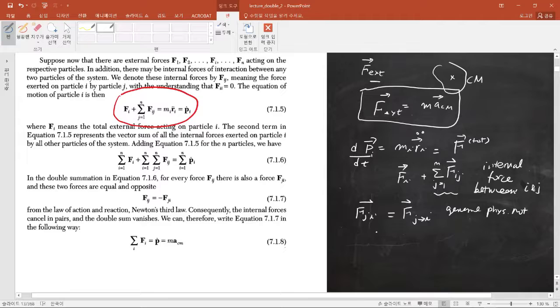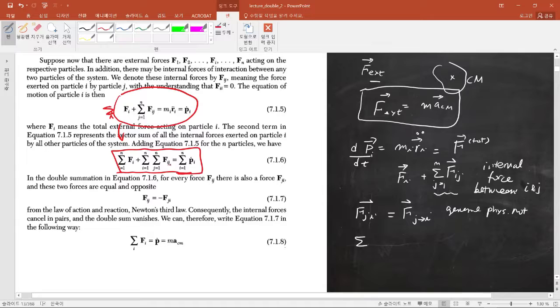So the total force, if you add up all these particle forces, then you have this equation here, just summing over all i particles.